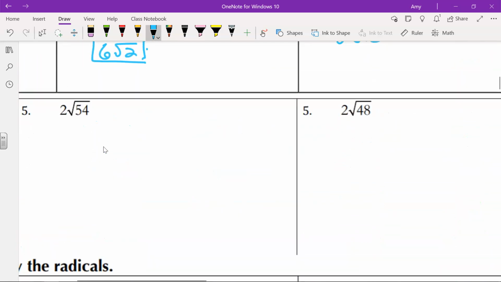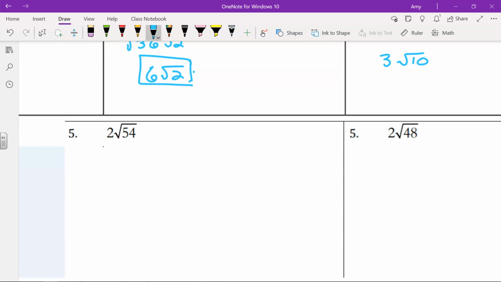Now we can look at an example where we have a coefficient. Remember, the coefficient is being multiplied by our radical symbol. So what we're going to do here is we're going to leave the 2 where it is and then break down the 54.